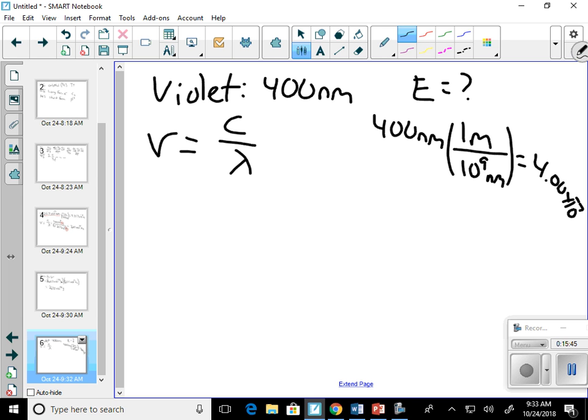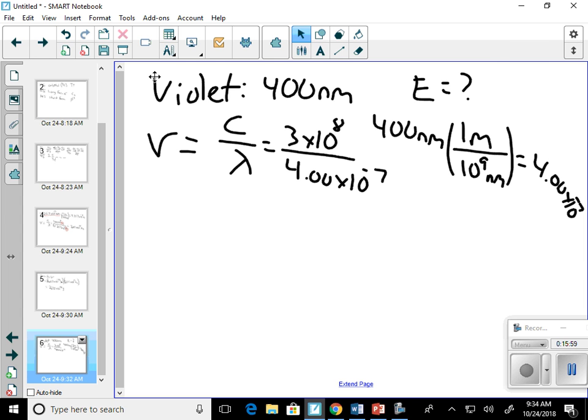That would give me 4.00 times 10 to the negative 7. So step number 1 is convert my wavelength into meters. The unit has to be right to make the equation work.